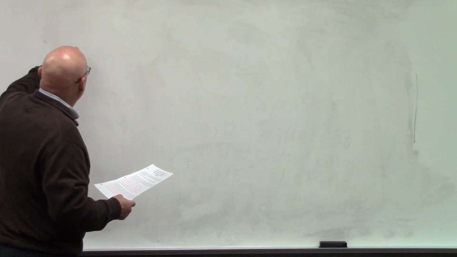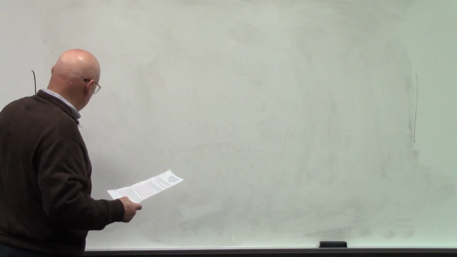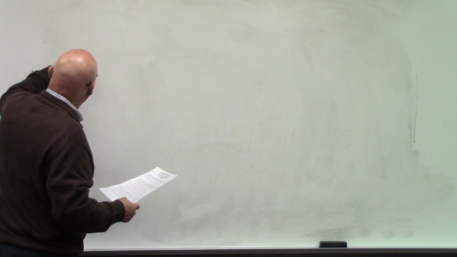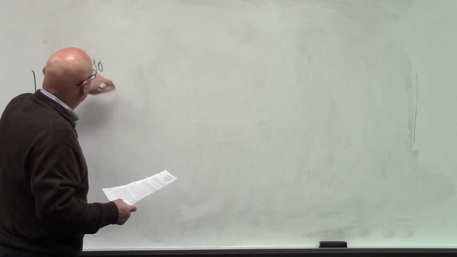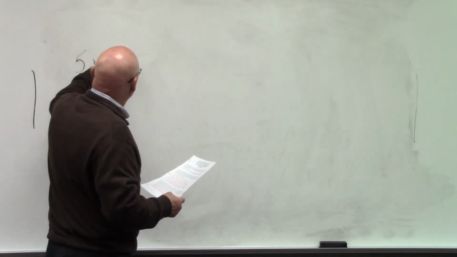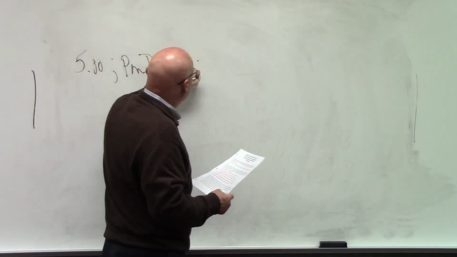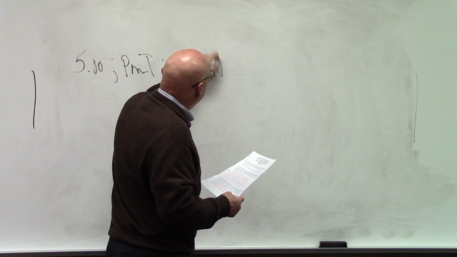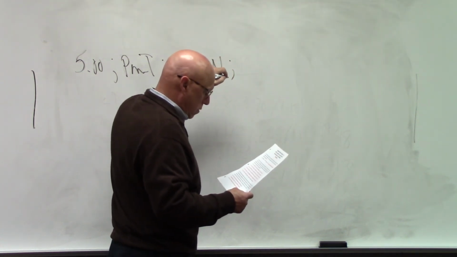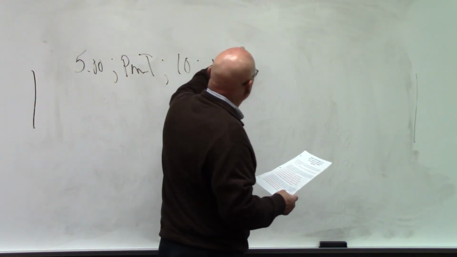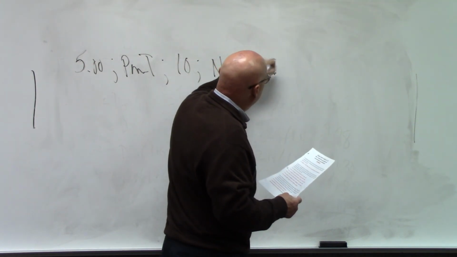So 5 is the payment, 10 is the N, and the discount rate, 10, is the I/Y.